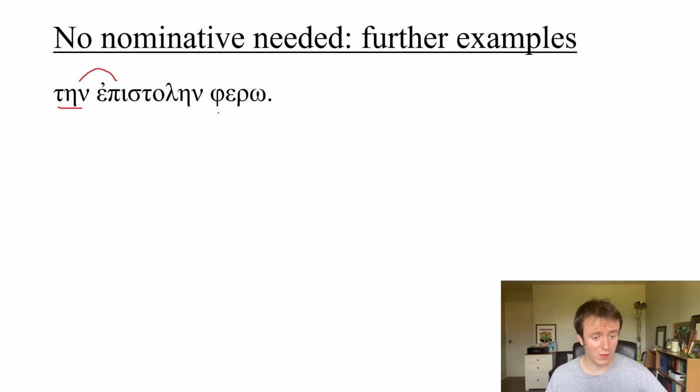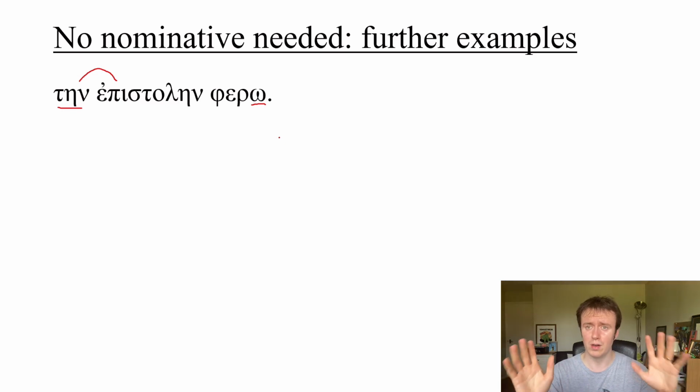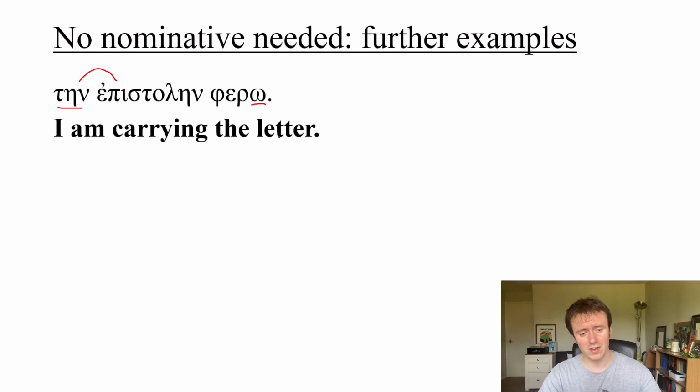And then we've just got the verb pherō. Pherō is the verb to carry, and because it ends in omega, we know that I am doing the action, not me personally, but in our translation, I is the person doing the action. And we don't have any nominative noun or pronoun. And therefore, we can only translate this as I am carrying the letter or I carry the letter.